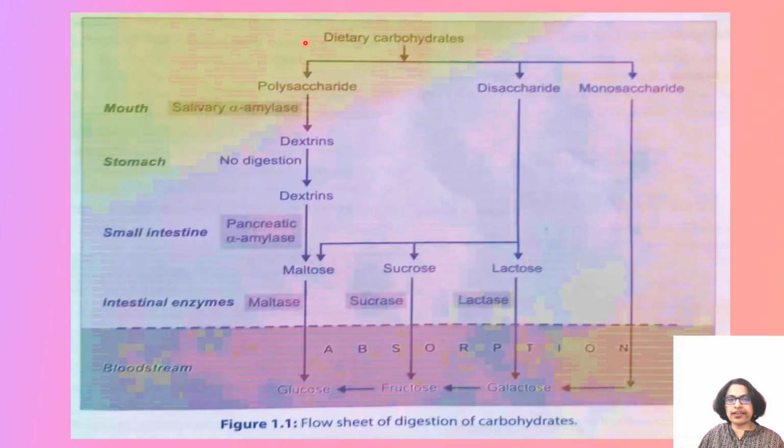So here we can see dietary carbohydrates. Mainly we will be having polysaccharides, disaccharides and monosaccharides. And which are the areas where it is getting digested? Mouth, stomach, small intestine with the help of intestinal enzymes. And finally it is getting absorbed into the bloodstream.